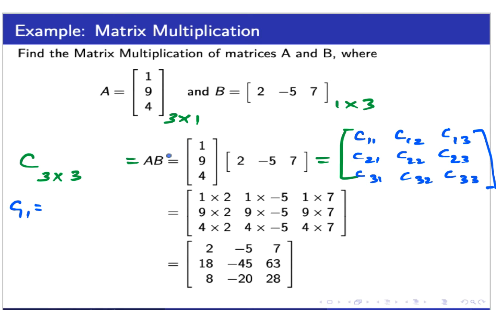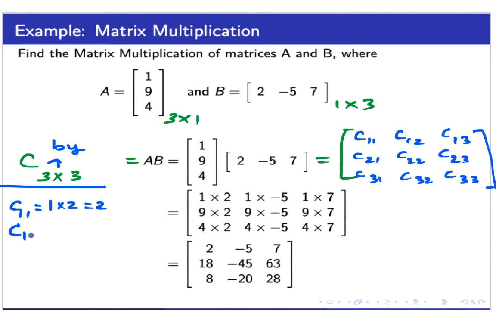The first subscript represents the row of the first matrix, and the second subscript represents the column of the second matrix. So C11 means first 1 by 2. It's 1 times 2. Here, by means size, whereas this means multiplication. 1 times 2 is 2.